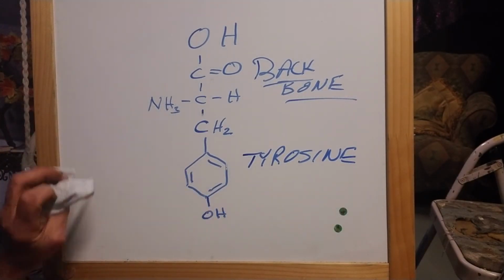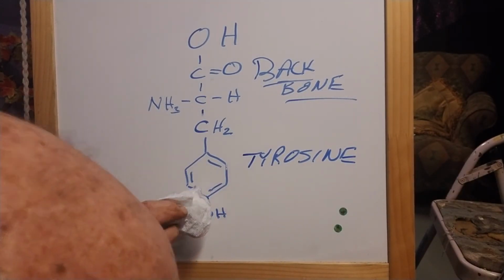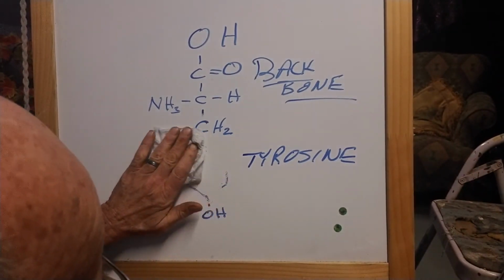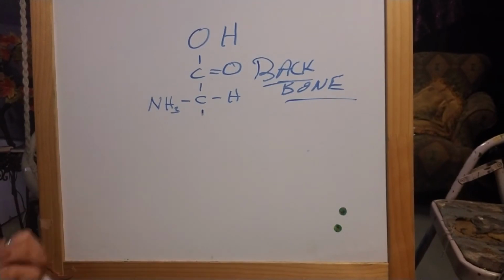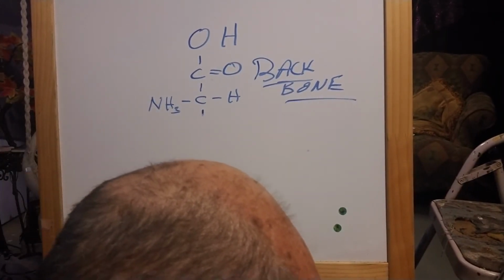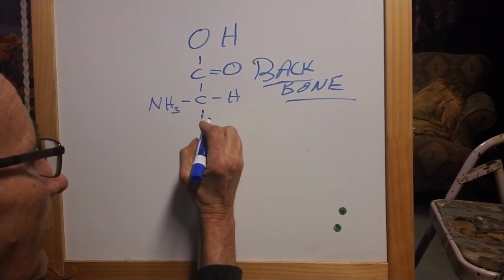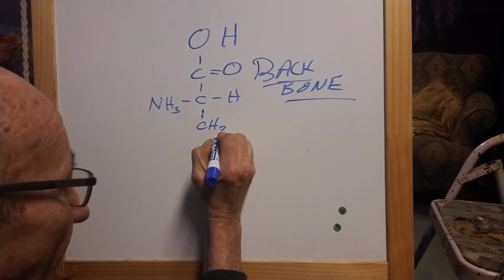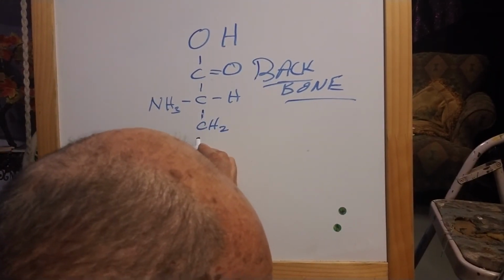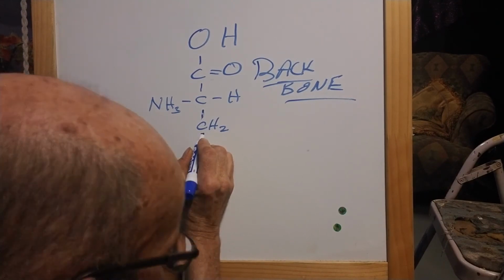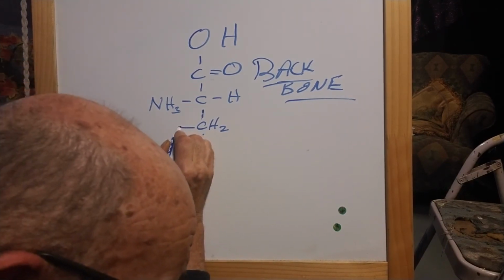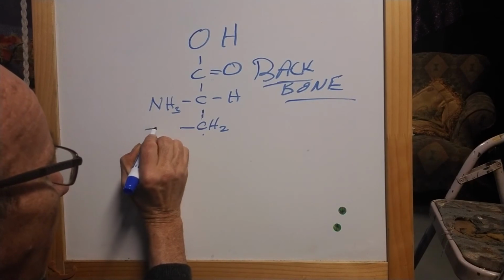Here comes one everyone knows. I don't know how many of these you've known or heard of. This one you have. CH2. Now I gotta try and draw this correctly here. I'm actually going to draw it off this way. I'm going to draw it like it shows here.